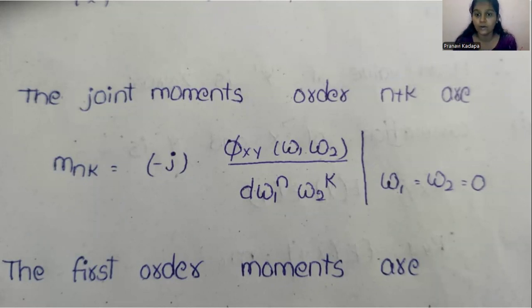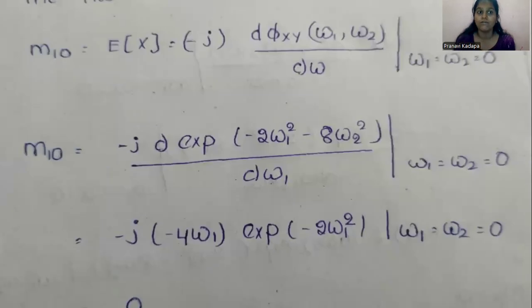So the first order moment m10 equals expectation of X, that is minus j into the differentiation of phi X,Y of omega 1, omega 2 by d omega 1, when omega 1 and omega 2 are 0.